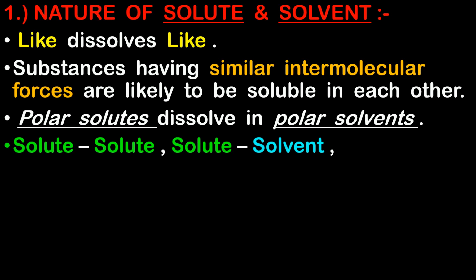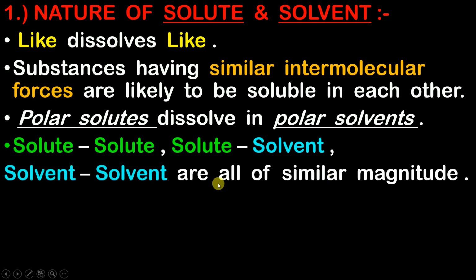The reason behind this is that the interactions between a solute molecule and a solute molecule, between a solute molecule and a solvent molecule, and between a solvent molecule and a solvent molecule all have similar magnitudes. Since all of them have similar magnitudes, the solute is going to get easily dissolved in the solvent.